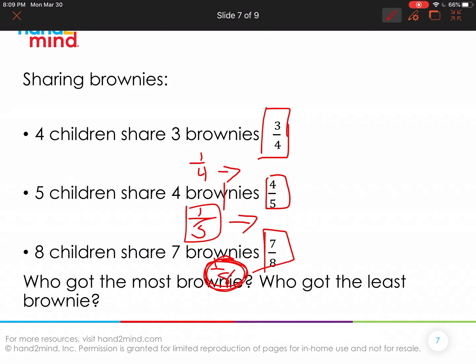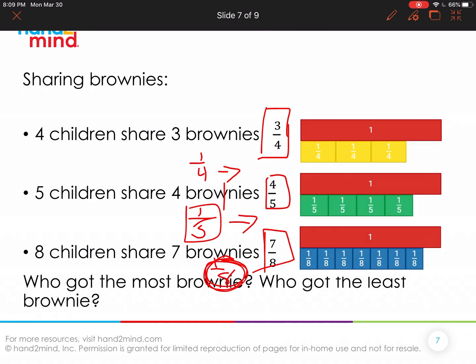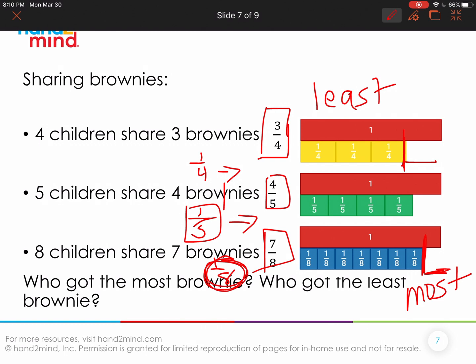So how does that help me? Well, that helps me know that 3/4 is further away from the whole, so it's going to be the least. And 7/8 is the closest to the whole, so it's going to be the most, and 4/5 is right in the middle.